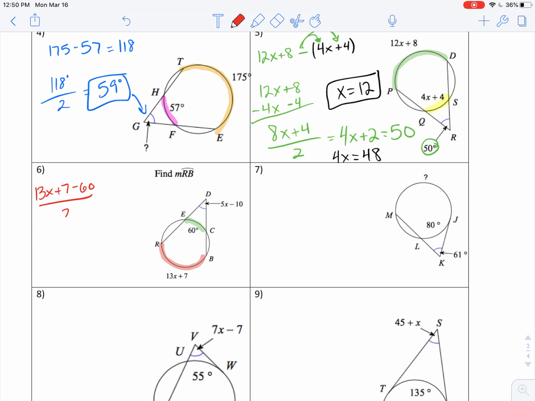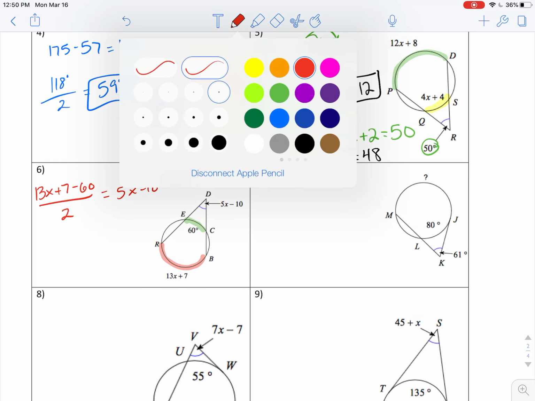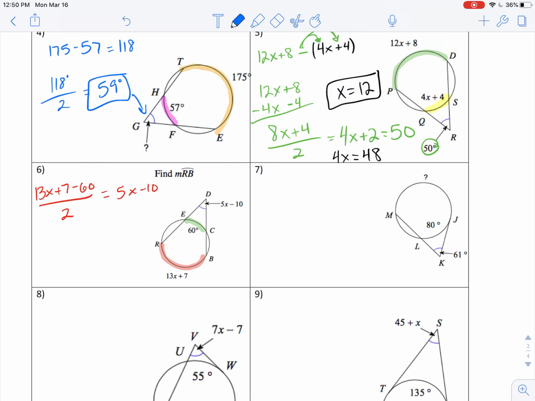So you subtract the 2 arcs, divide by 2 equals 5x minus 10. And now let's think about how to get rid of this fraction. How do I get rid of dividing by 2? I can multiply by 2 on both sides, and don't forget to distribute. So these 2's cancel. 13x minus 53 equals 10x minus 20.